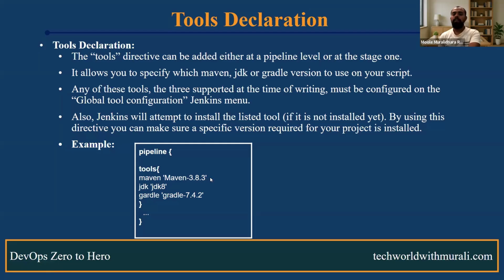Whatever version we mention here needs to be defined inside the global tool configuration, and only then you define it here. Similarly declare JDK and Gradle as well. When you build that job, it will refer to the global tool configuration name, and if it is not installed, it will be installed.